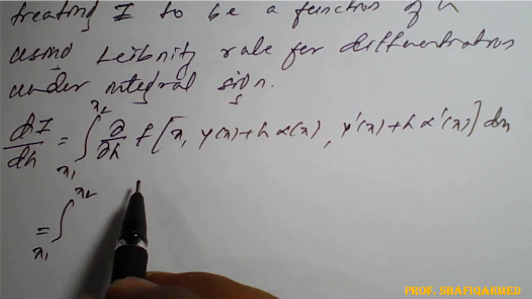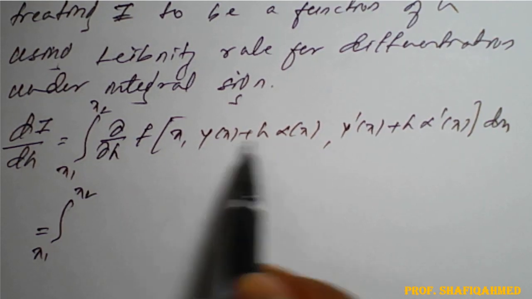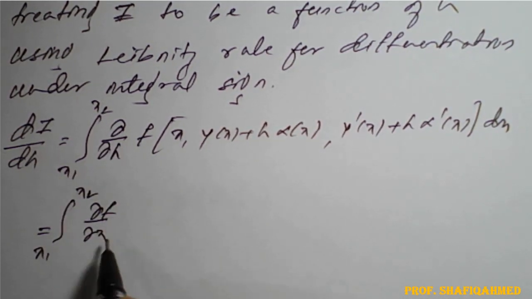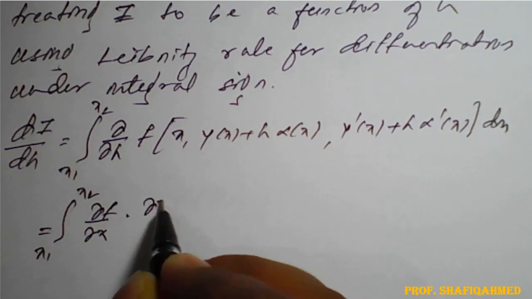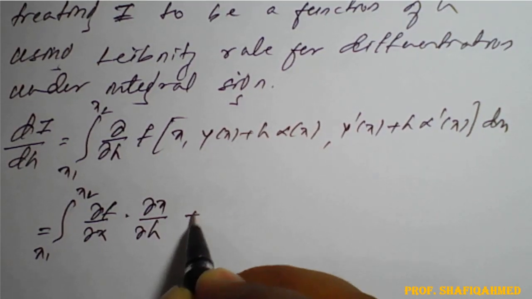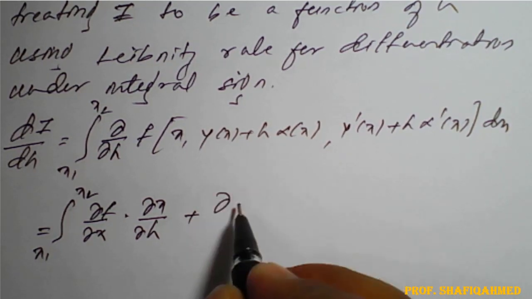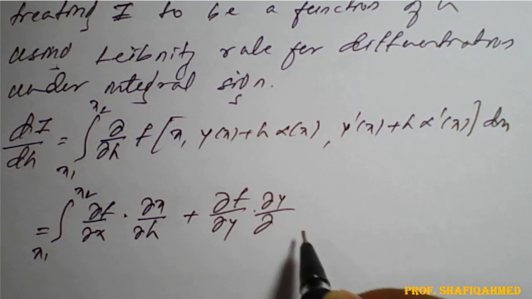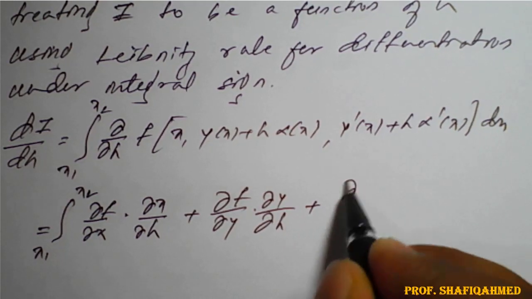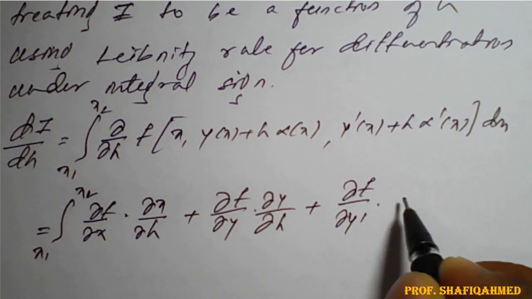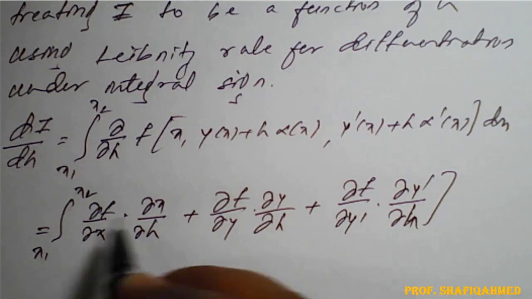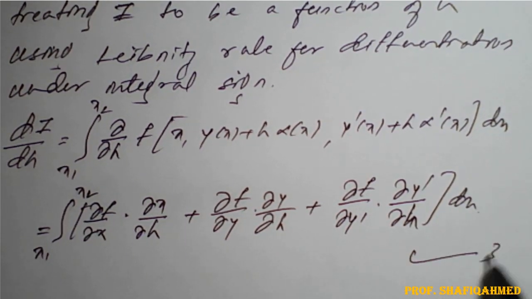If you apply the chain rule for a partial derivative in the RHS only, it will become ∂f/∂x into ∂x/∂h, plus for the second function, the y function, it will be ∂f/∂y into ∂y/∂h, plus ∂f/∂y' into ∂y'/∂h, into dx. Give equation number 3.